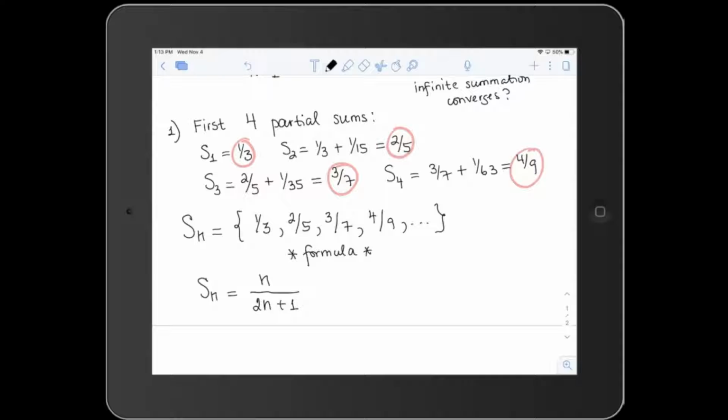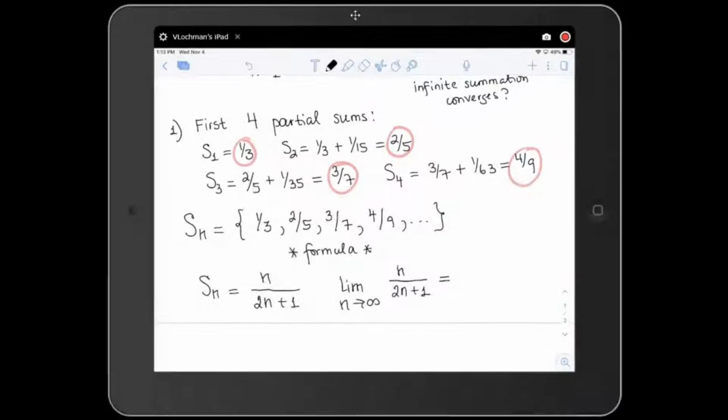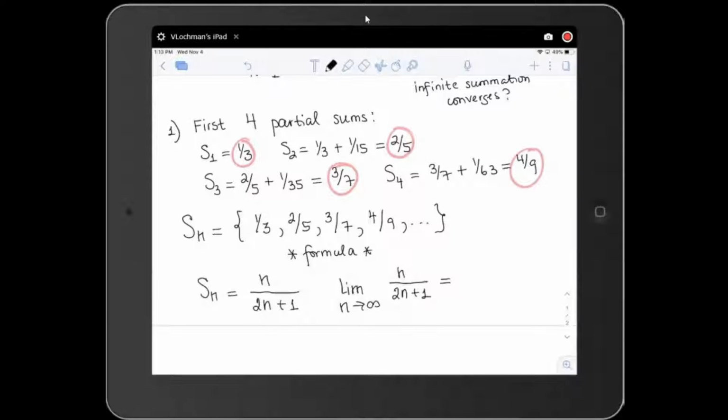Now finding the limit of this is easy. The limit as n goes to infinity of this. What is the limit? What do you guys think? This one is not bad. Yes, somebody sent a message: 1/2. So this is 1/2.